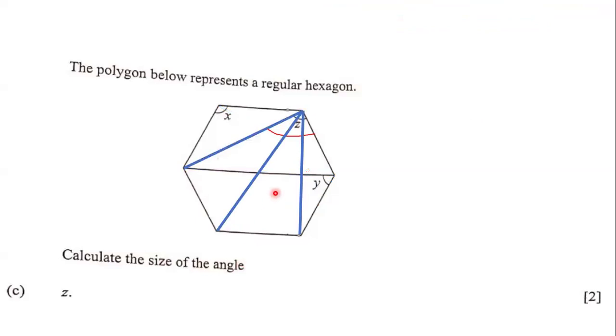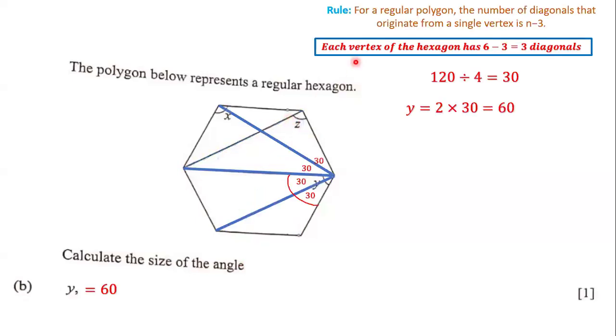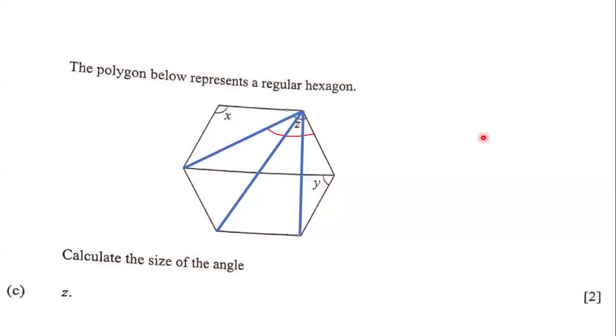Next, we have to determine the size of angle Z, and Z is this particular angle right here, and we're going to use diagonals to determine this as well. Remember from this rule, we know that each vertex of the hexagon has 3 diagonals. So we come to this particular vertex and we're able to draw 3 diagonals.